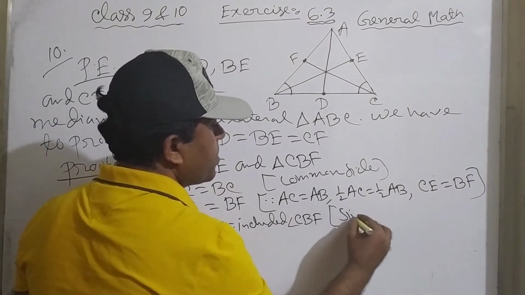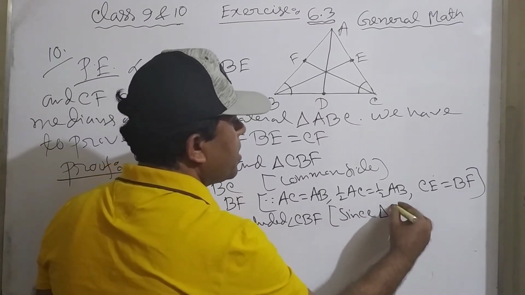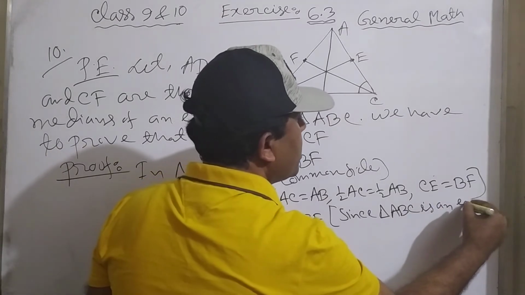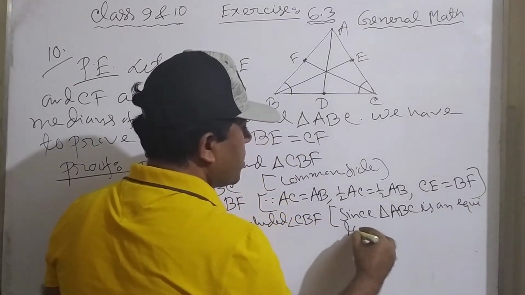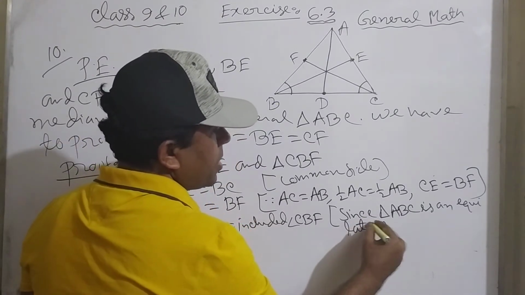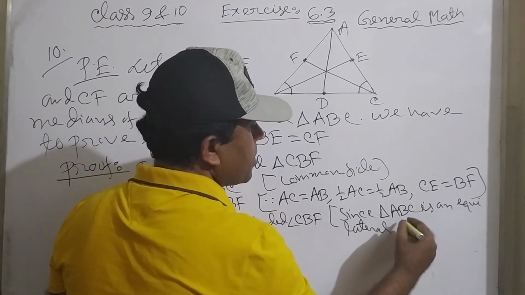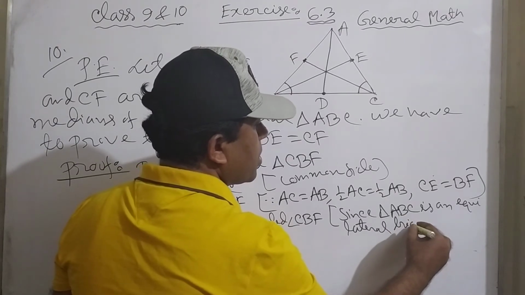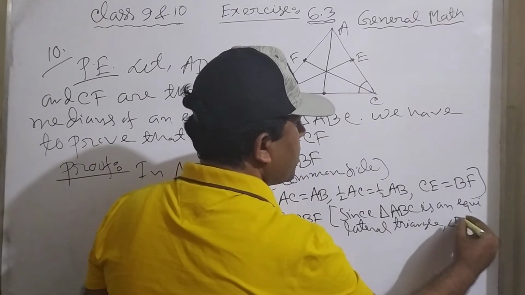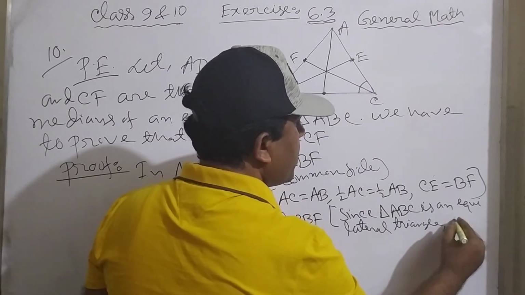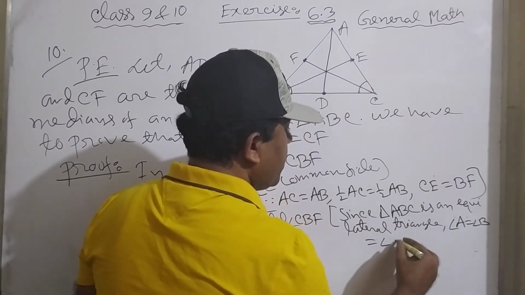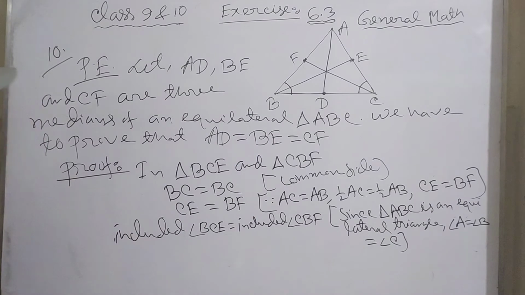Since triangle ABC is an equilateral triangle, angle A equals angle B equals angle C, as equal sides have equal opposite angles.